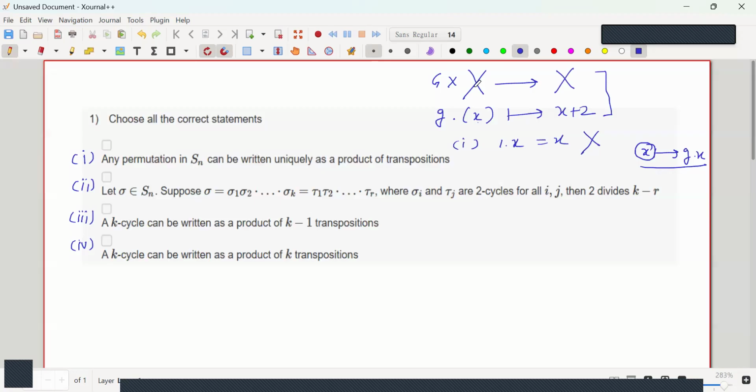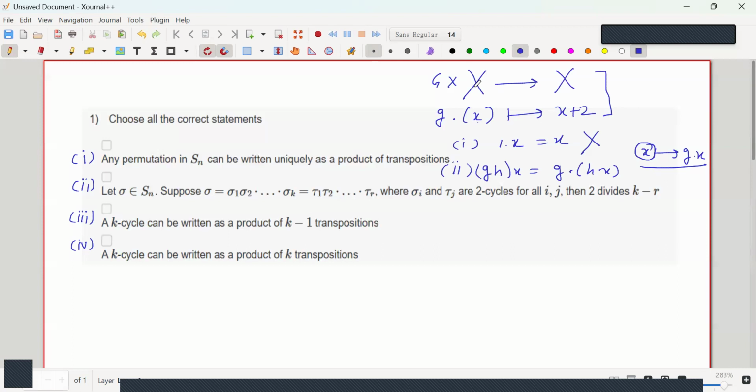Now, this shuffling is done in a nice way, and that nice way is determined by these two properties. First of all, the action of the identity element should not disturb the elements. The element should be sent to itself. Then the action should be consistent with the group operation, so (gh).x is the same as g.(h.x), right?